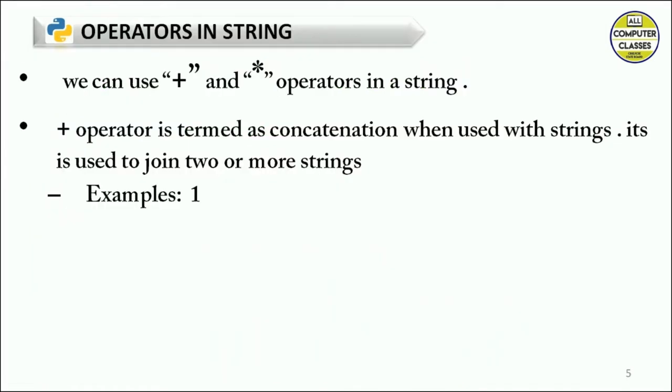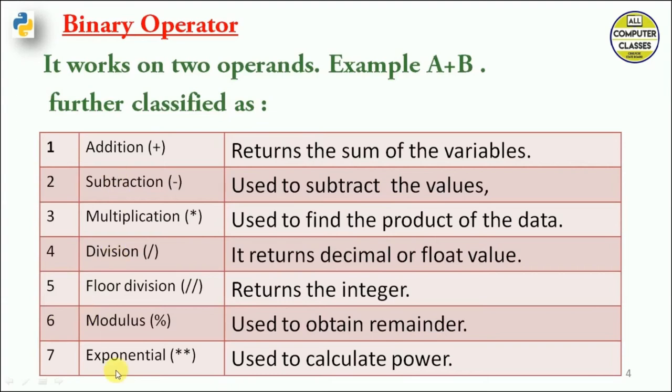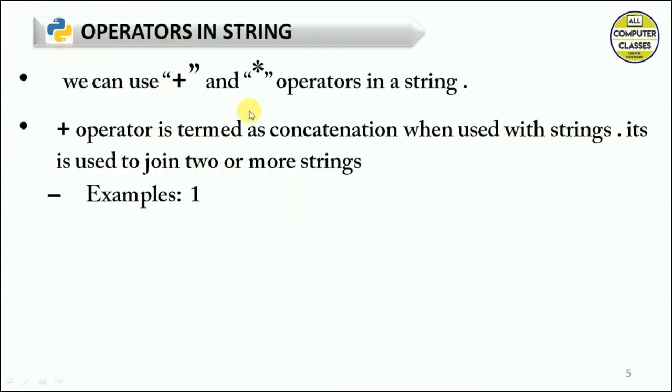Next is operators in string. What is the meaning of operators in string? Out of these 7 operators, only addition and multiplication, plus and multiplication, can work with strings. When we use the plus operator, it is used for concatenation, meaning to join two strings. It is also called concatenation, joining of two or more strings.